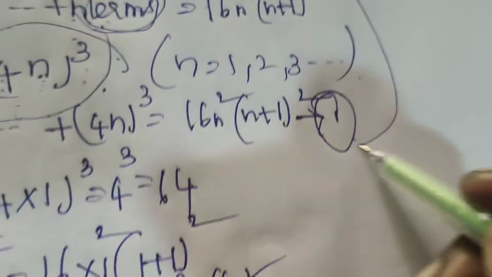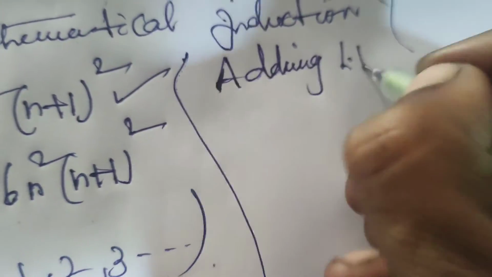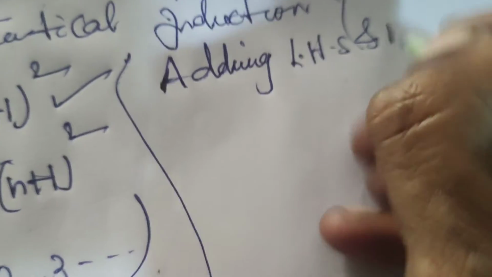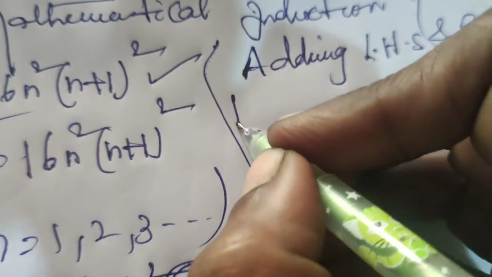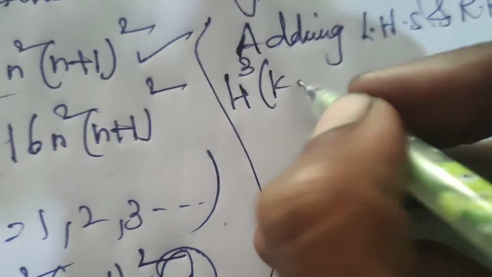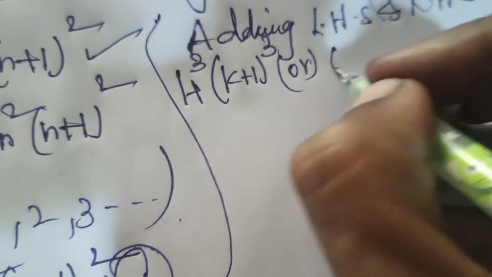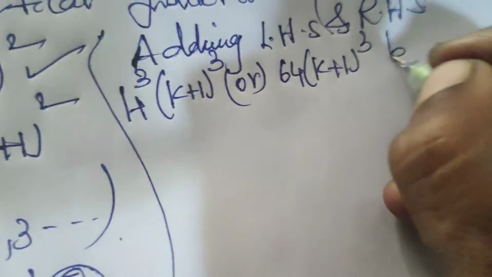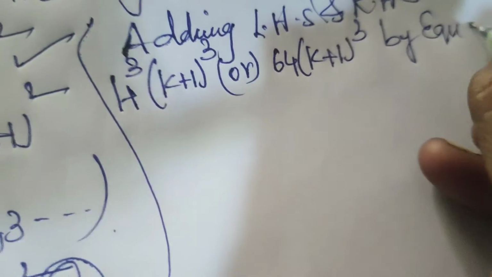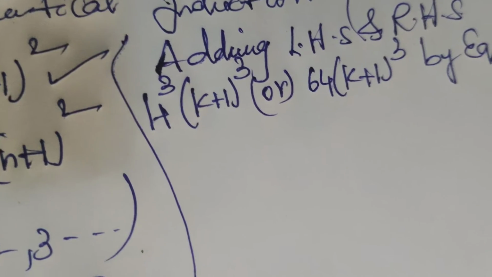Now adding to LHS and RHS the term 4 cube into k plus 1 whole cube, or 64 into k plus 1 whole cube, by equation 2. What is equation 2?